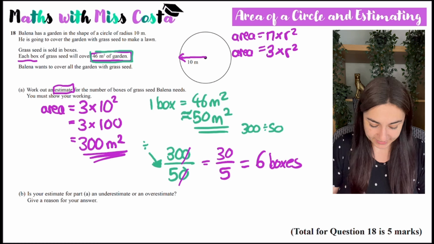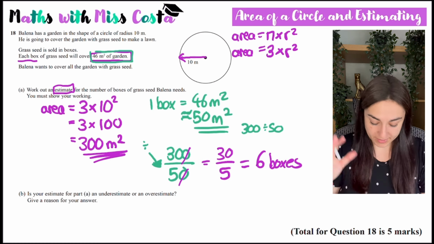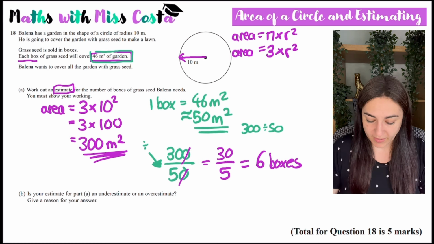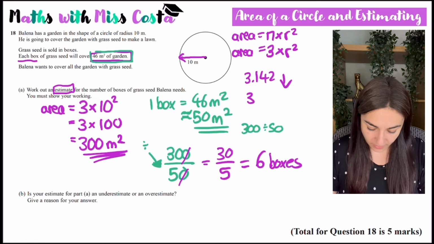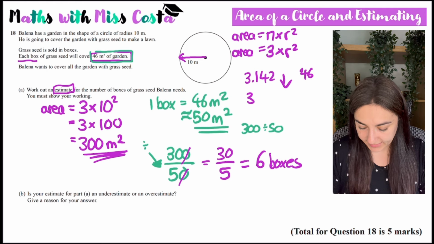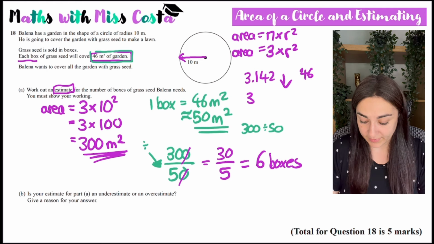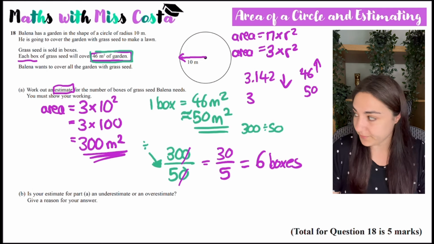Now it says, is your estimate an underestimate or an overestimate? So let's think about it. I rounded 3.142 down to 3, and I rounded 46 up to 50.